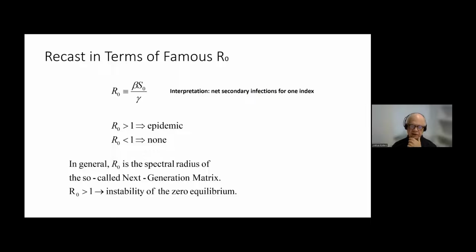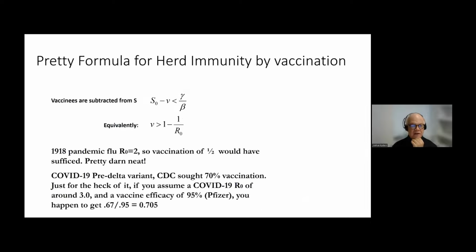So there are fancy renditions of this, but the basic idea is this, and it gives a very nice formula for herd immunity through vaccination, assuming a perfect vaccine, but obviously easy to multiply this by some effectiveness number. But to get below the threshold, you have to subtract V, the vaccinated number, from the initial susceptibles.